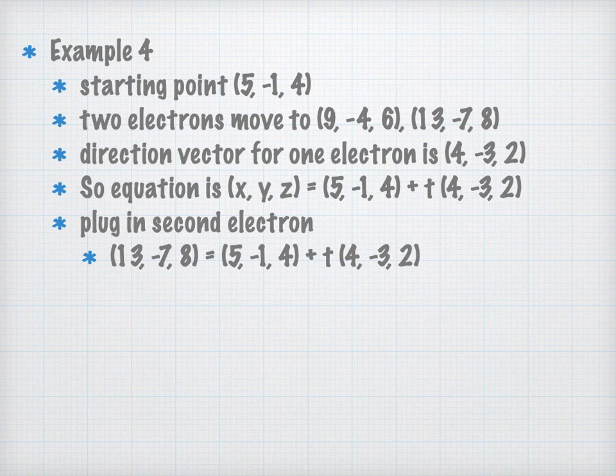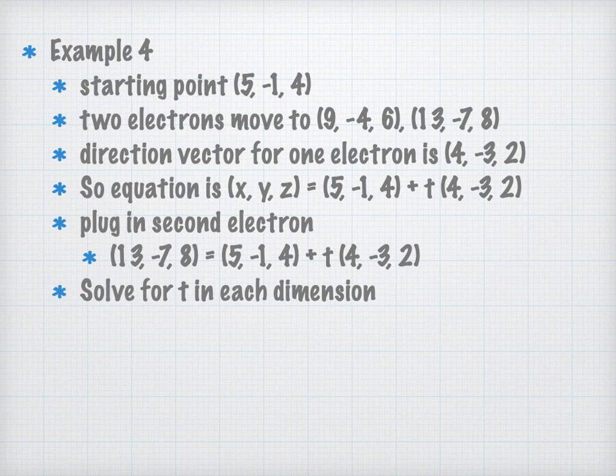If the t in each dimension is the same, then they are on the same line. If the t is different for each one, then it's not the same line. Okay? So if they have the same slope, basically you're solving for the slope in each dimension. And if all the slopes in each dimension match what it's supposed to be for this problem, then we're in good shape. So solve for t in each dimension.